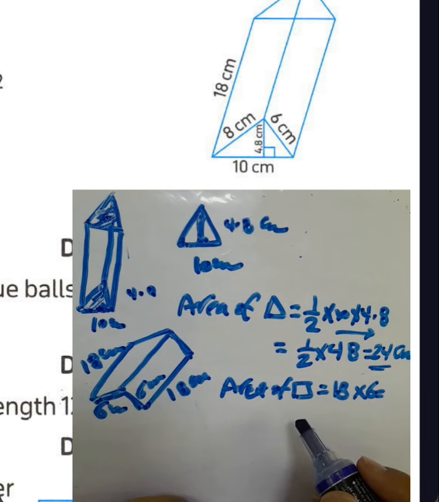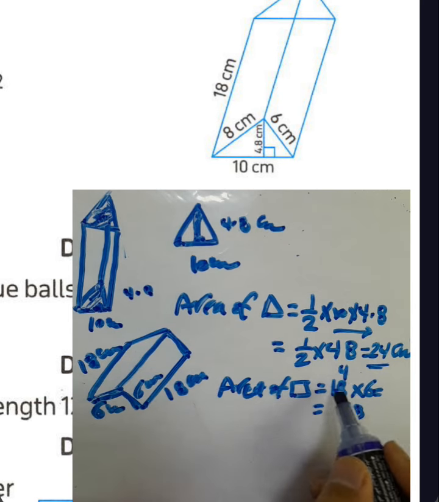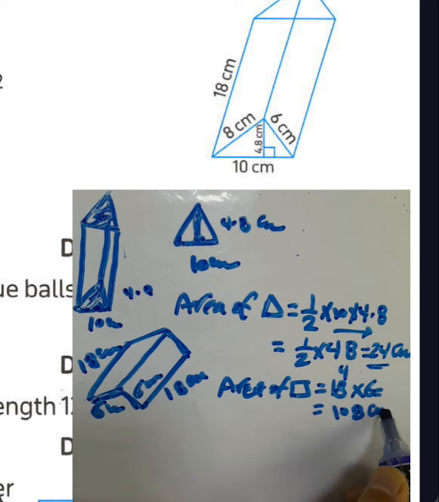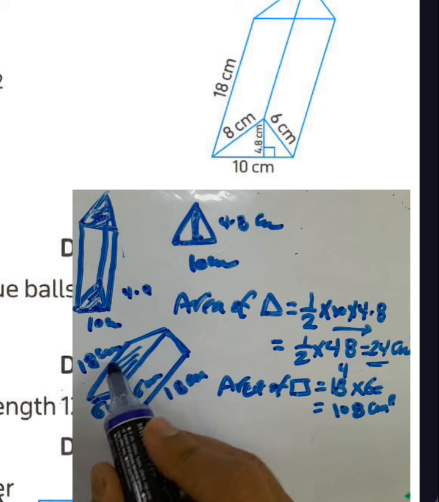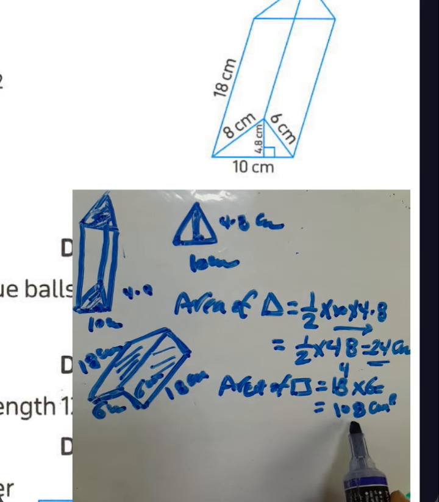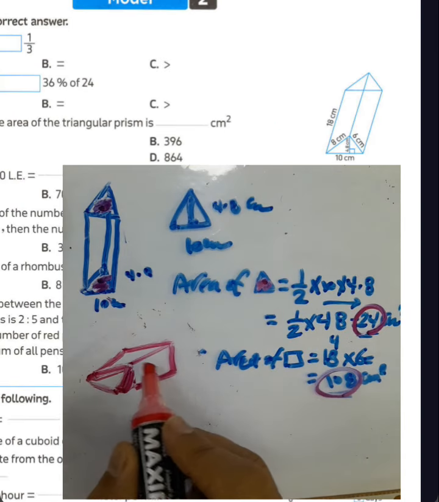Write 18 times 6. 6 times 8 equals 48. Write 8 and carry 4. 1 times 6 equals 6 plus 4 equals 10. Then it will be 108 square centimeters. And the area of the other rectangle here will be exactly the same result, 108 square centimeters, because we have two rectangles here.